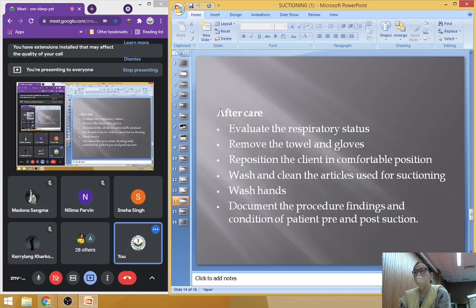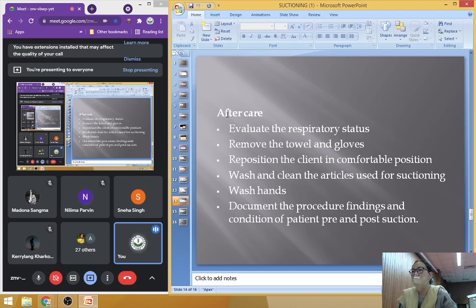Before doing that, we need to measure the gauge pressure very carefully. Too much pressure will harm the nasal mucous membrane, and it might lead to bleeding, and the patient will have more complications. So we have to be very careful and do it very smoothly and gently.